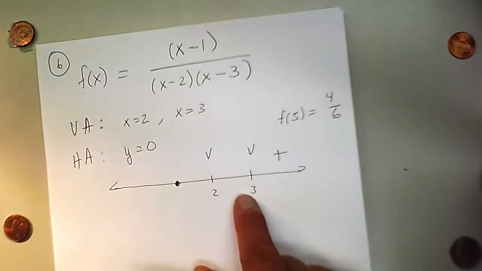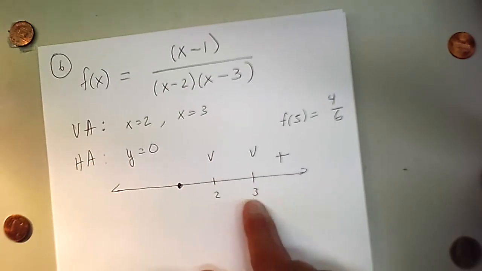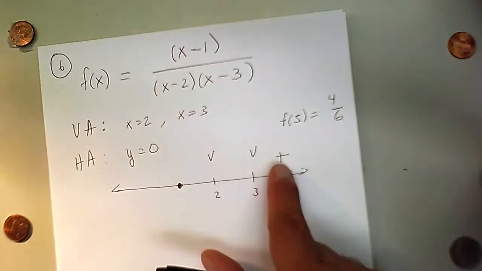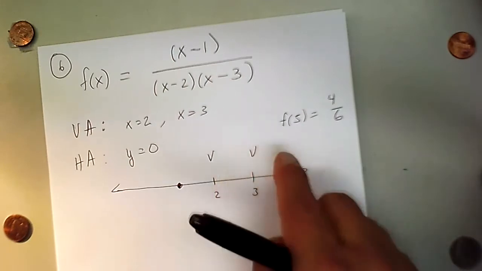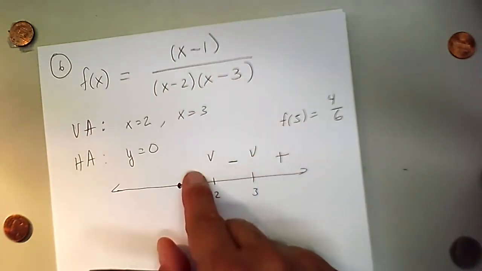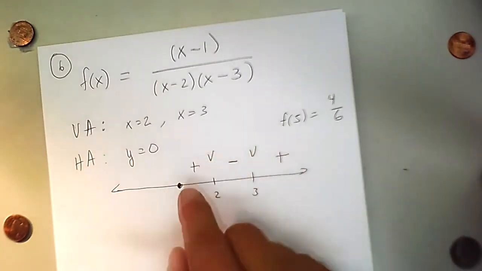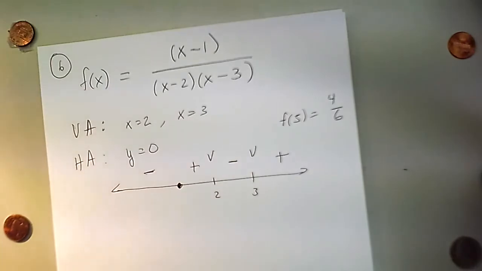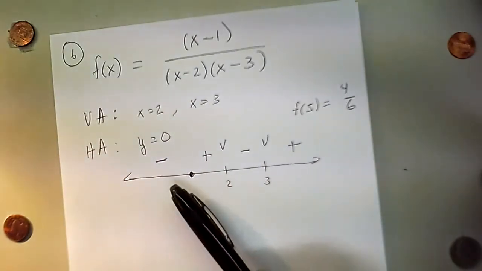Between 2 and 3, we could plug in a number between 2 and 3, say 2.5. But since we have single factors, the sign is going to change from positive to negative, from negative to positive, from positive to negative here.